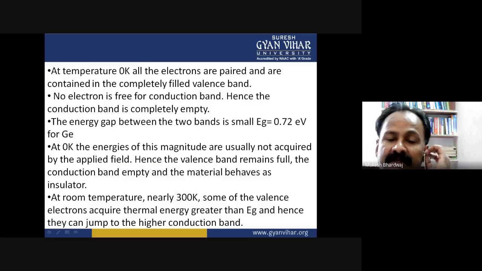So the thermal energy provides the thrust to cross over the threshold, that is the Fermi level, and the electrons start to jump from the valence band to the conduction band. In this way, by acquiring a sufficient amount of energy, electrons take part in conduction.